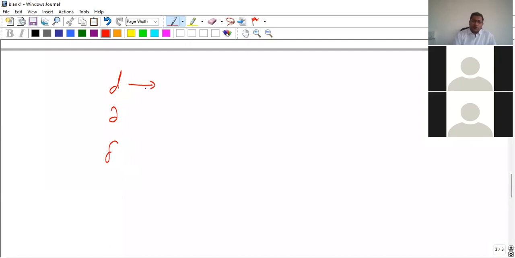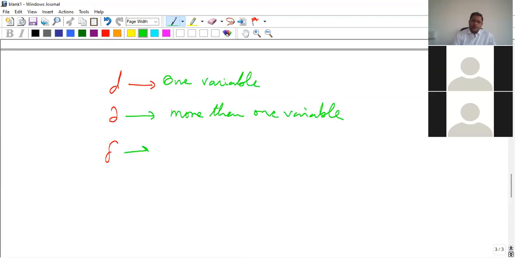D is for the one variable case. Daba is for more than one variable. And this delta is a small change or increment. So that's how these three notations are different.